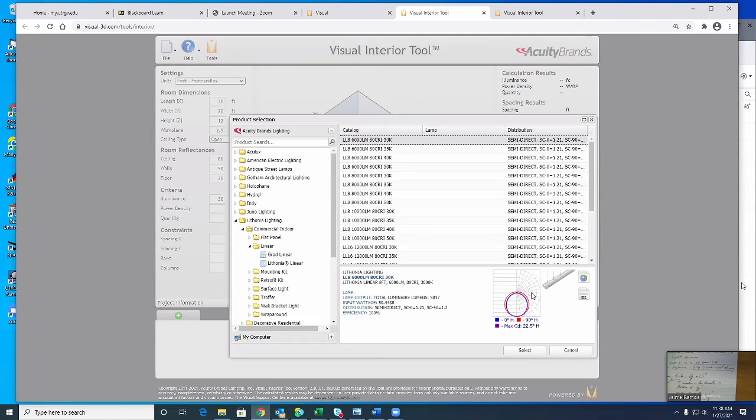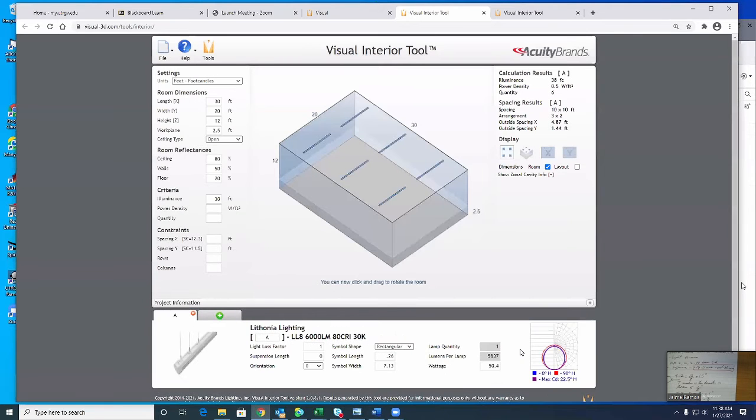The lamp is just the bulb, right? 50 watts. Okay, so then select that. And now you can see that the software put 6 lamps on the ceiling of that room.